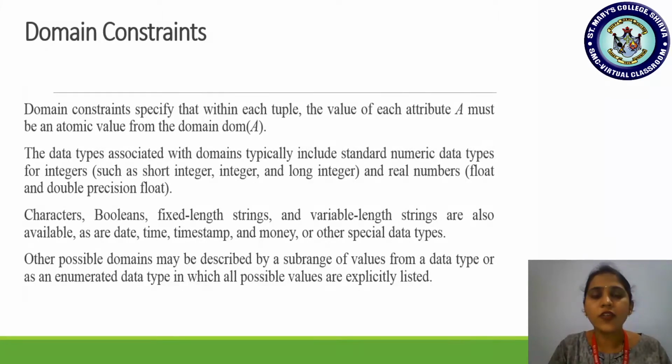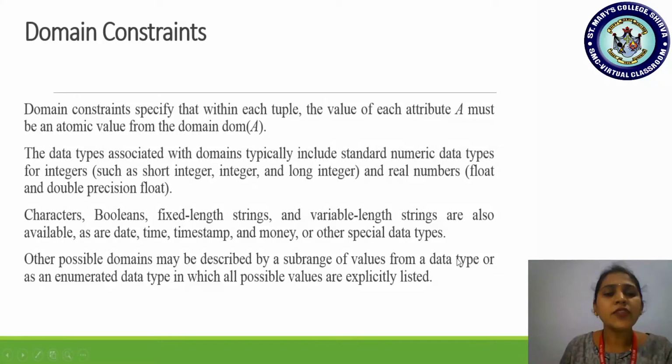Are you all understanding? Class, 1 2 3 4 5, any one of these five numbers. So each value of the attribute A in any tuple, in whichever cell we consider, should be a single value. So this is an implicit constraint. Implicit means something by default: the value in a domain at each tuple should be an atomic value.